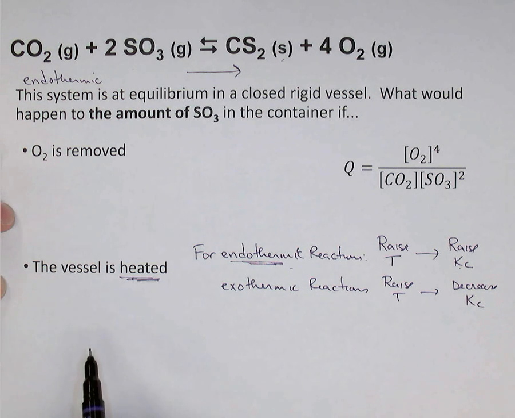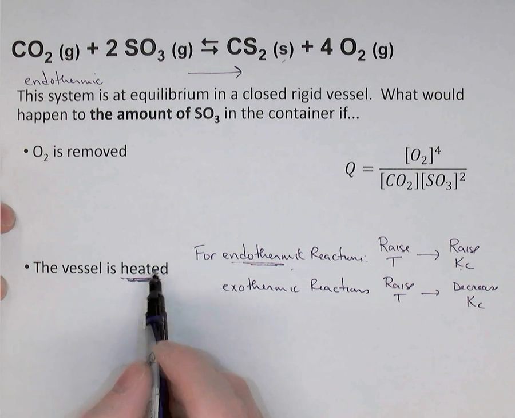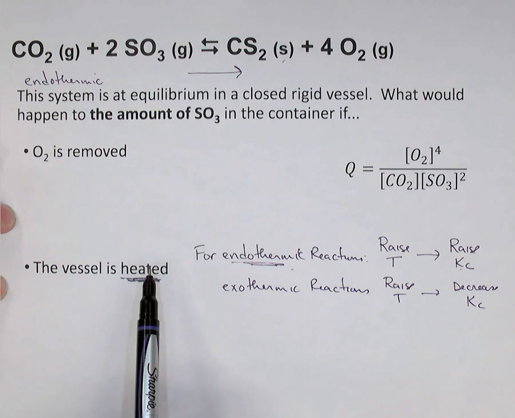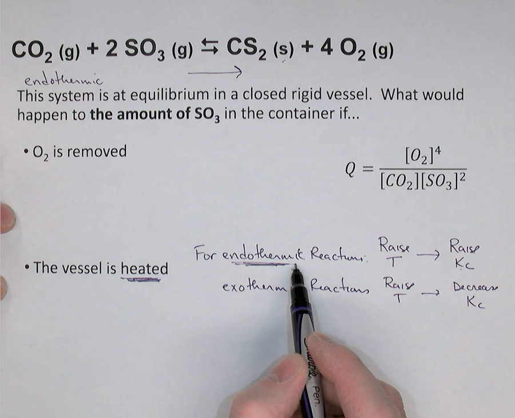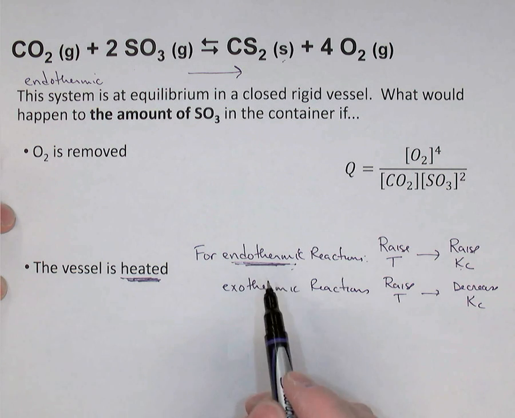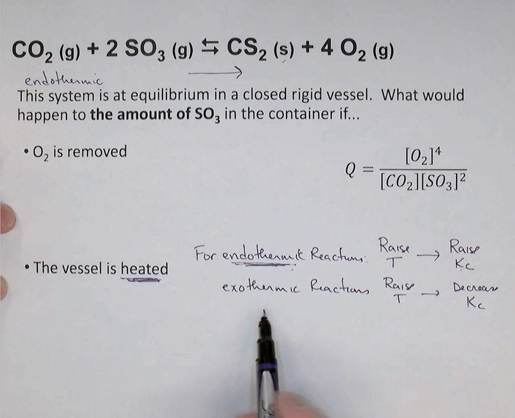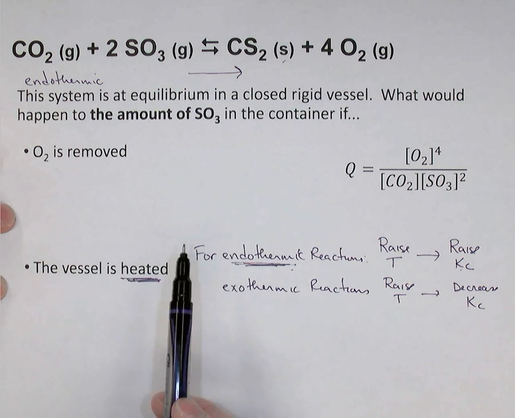Now, what about from a kinetics perspective? Heating the vessel, we know from kinetics, will increase the rates of both the forward and reverse reactions. However, the endothermic direction, its rate increases more than the exothermic direction. So when you raise the temperature, both the forward and reverse rates will increase.